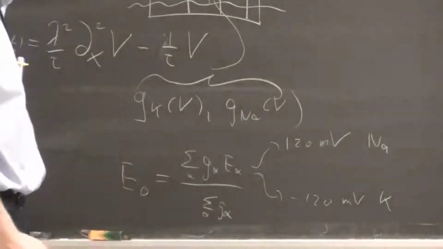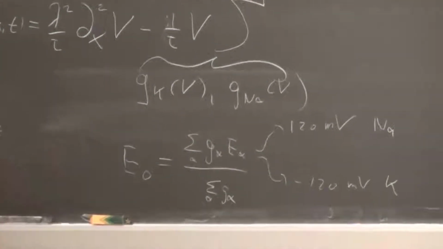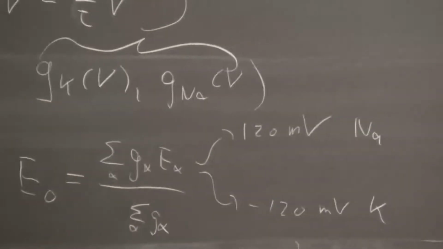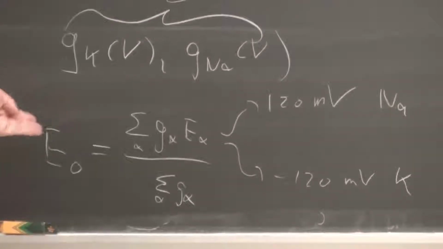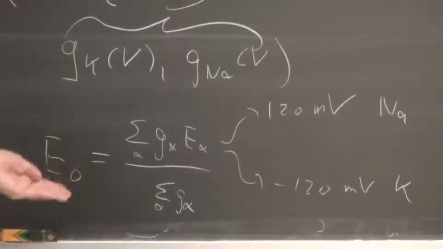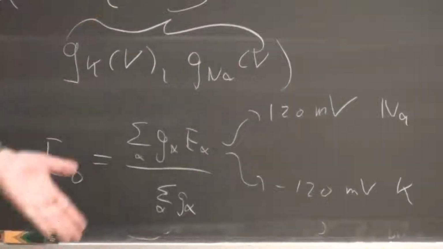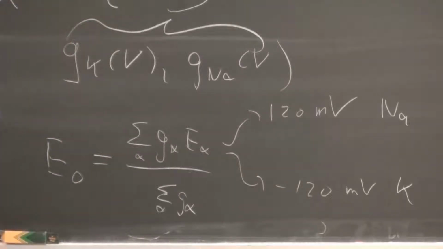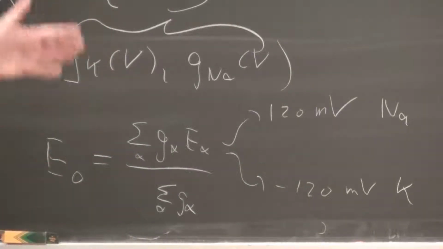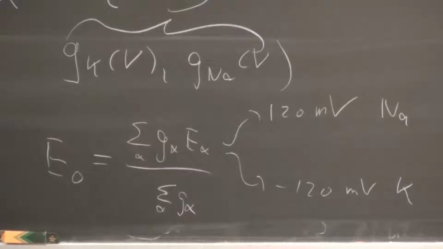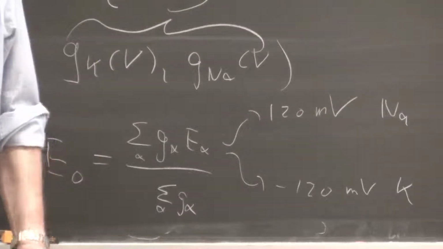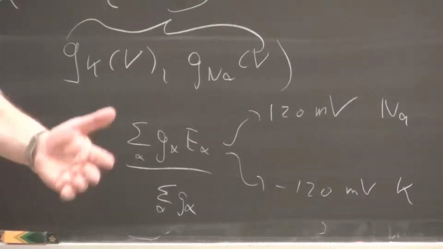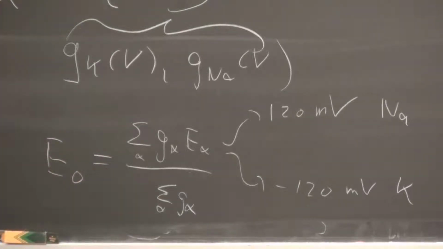And so when we increase the conductivity of sodium, we are going to increase the voltage, because the equilibrium potential is increased and the voltage follows. And the other way around, if we increase the conductivity of potassium, then the potential goes down as E0 goes down, and then the voltage follows.